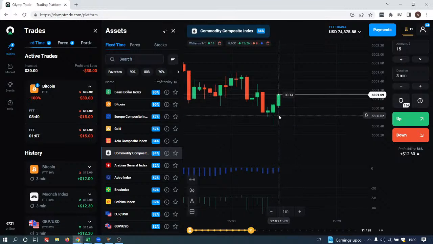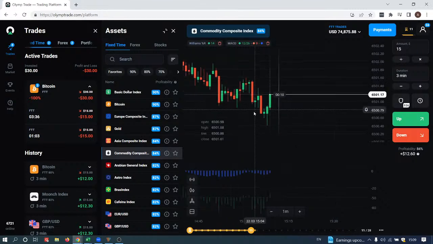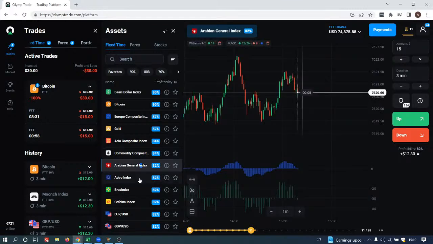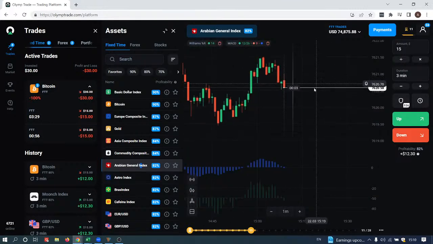But generally speaking, before that it was below 0, so that was a signal. But now let's wait, and let me find some index. Yes, Arabian General Index.